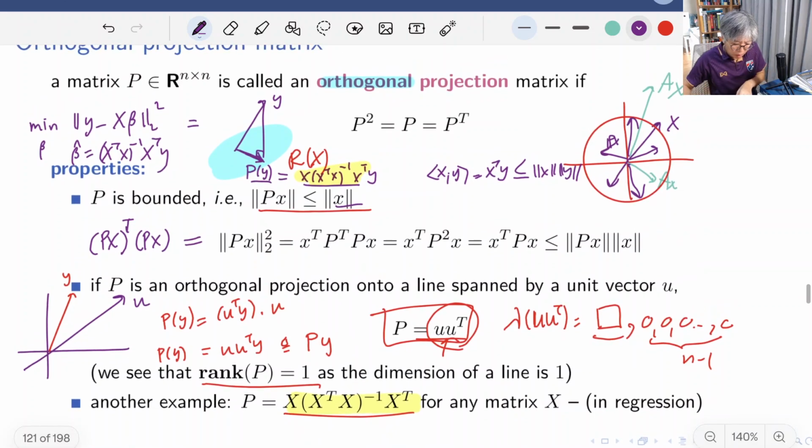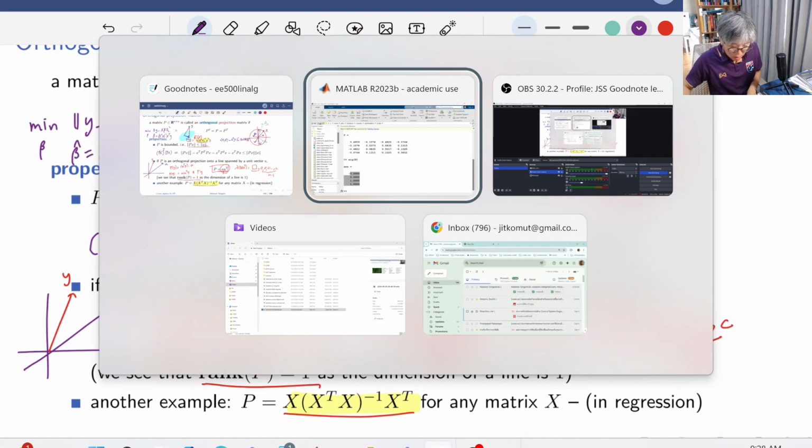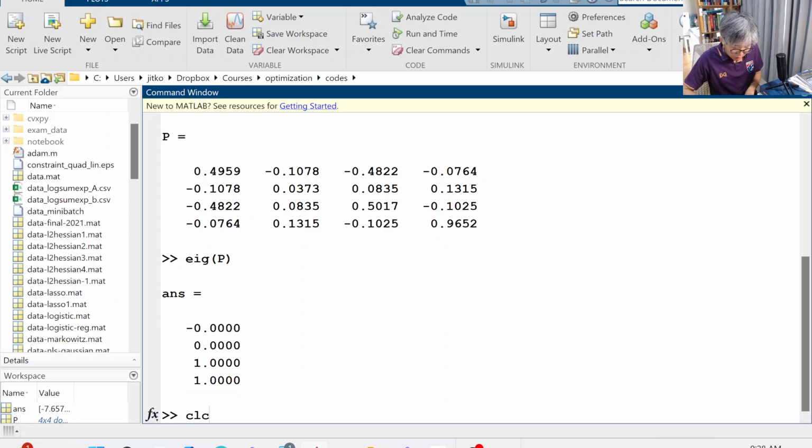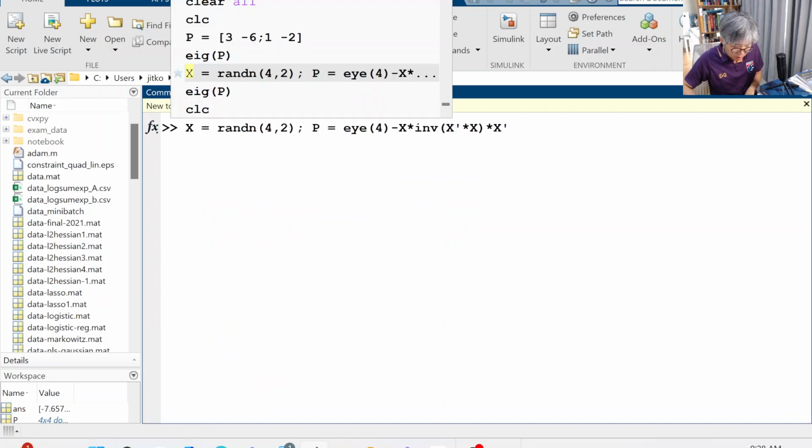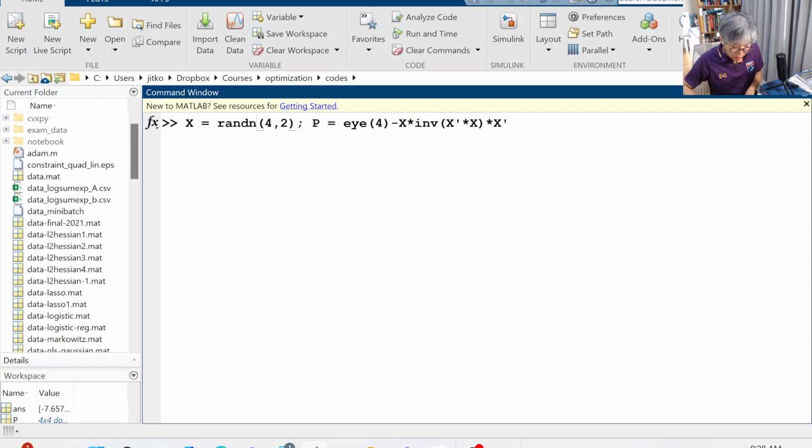We can do the same thing for P here. Suppose I have X that is tall, and I give P as X (X transpose X) inverse X transpose.